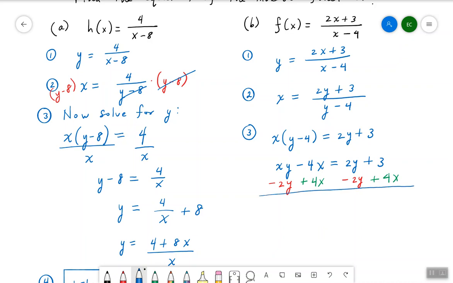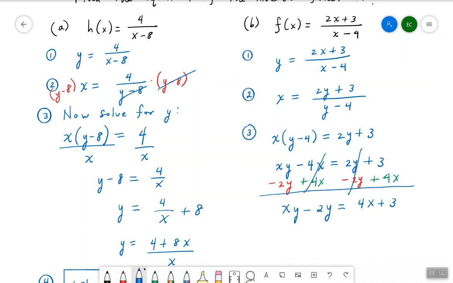The 4x's cancel on the left and 2y's cancel on the right. And we're left with xy minus 2y is equal to 4x plus 3. Okay, so that's a real good step.